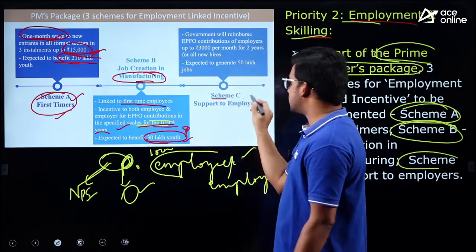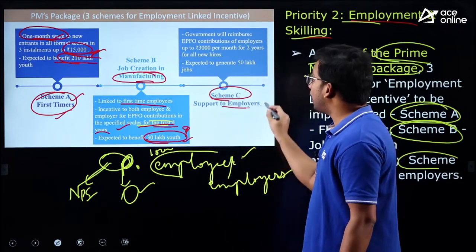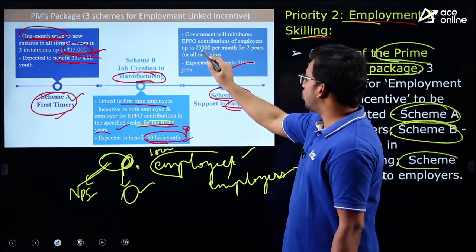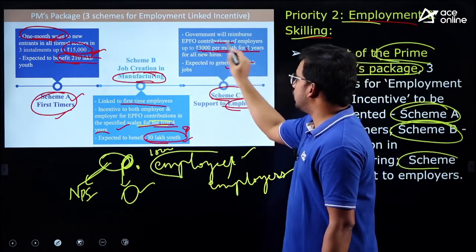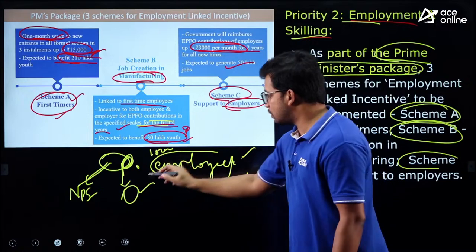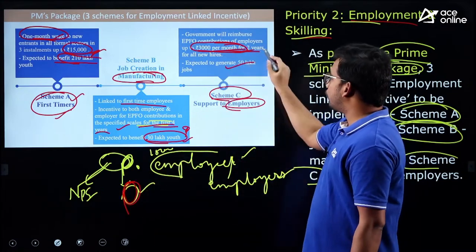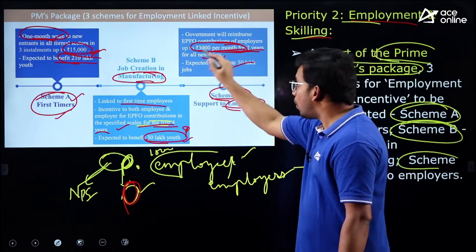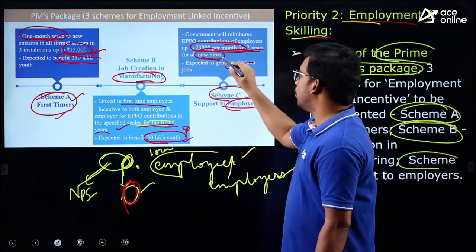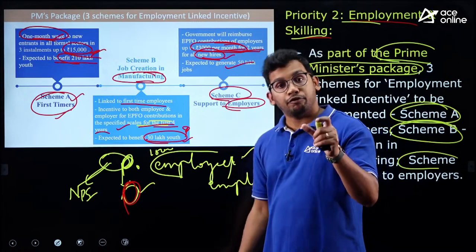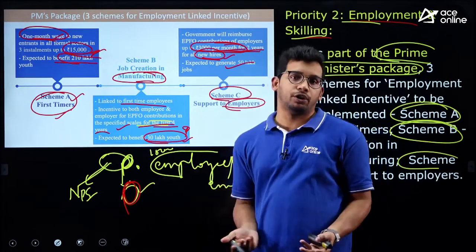And finally scheme C, support for employers. The same thing here, they are going to give 3,000 per month, whatever this contribution is, for 2 years for all new hires. This is not for old hires; for whatever new hires they recruit, for 2 years, every month the government itself is going to give 3,000, right?